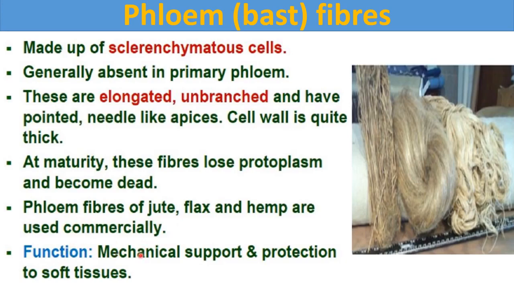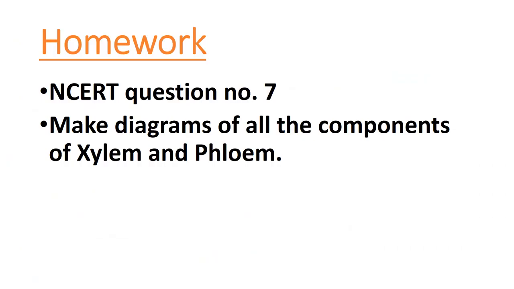It is to provide mechanical support and protection to soft tissues, because it is present on the outermost side of the phloem tissue, so it provides mechanical support and protection to the inner soft tissues of the plant. Now based on today's topics, your homework is NCERT question number 7, and make all the diagrams of all the components of xylem and phloem that you have studied in today's lecture.